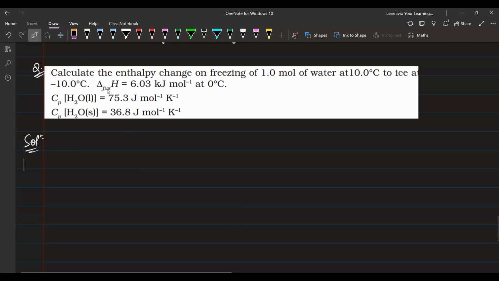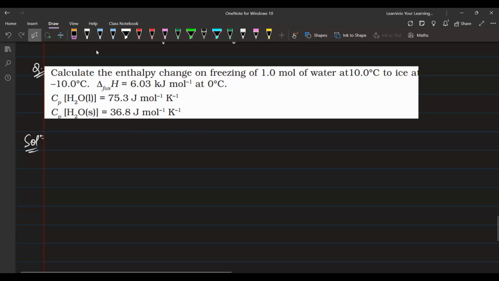In this case, they are asking to calculate the enthalpy change on freezing 1 mole of water. What is after 'to'? No, wait a second. Oh, it is 'at'. Okay.